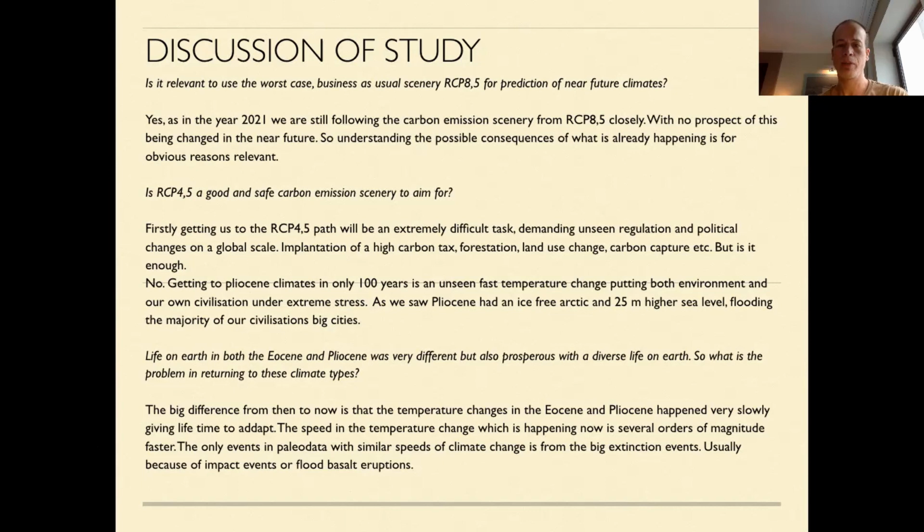The speed of the temperature change which is happening now is several orders of magnitude faster. The only events in paleodata with similar speeds of climate change are the big extinction events, usually because of impact events or flood basalt eruptions.